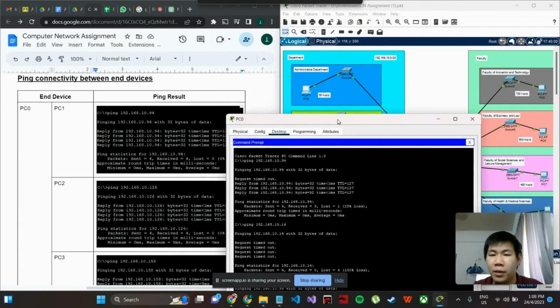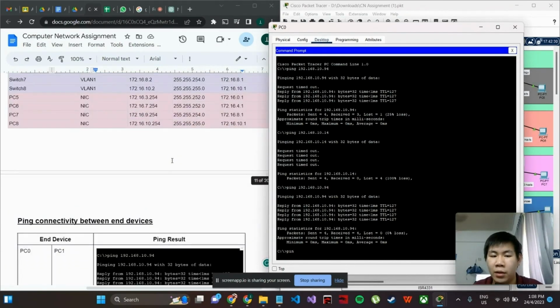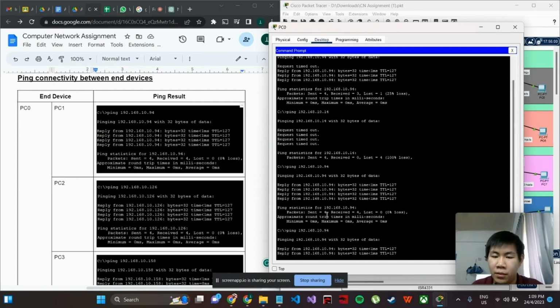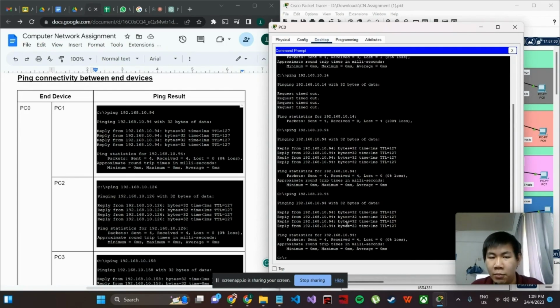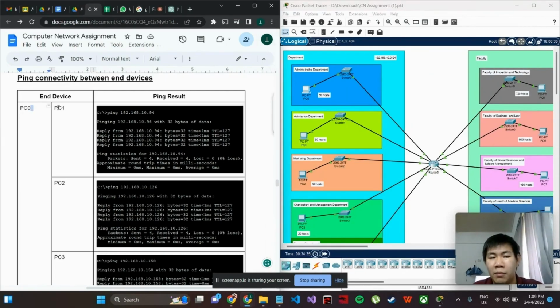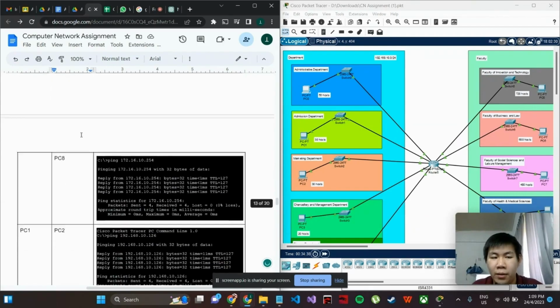We're going to ping the PC1. Let's just try again. Yes, it is successfully pinged, the same as the result. So that's it. And we can see I have pinged PC0 to PC1, 2, 3, 4, 5, 6 until 8.